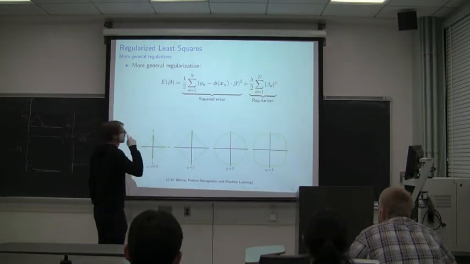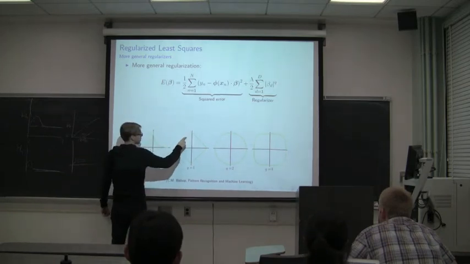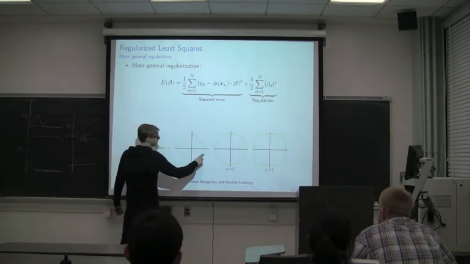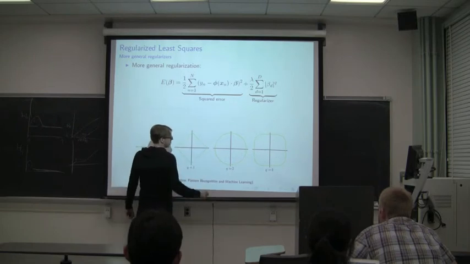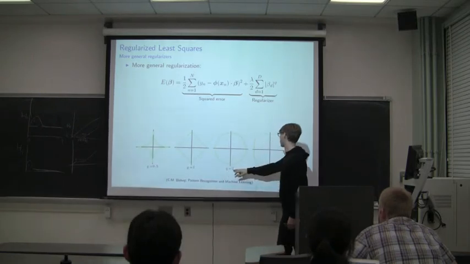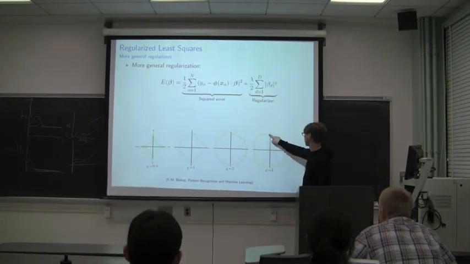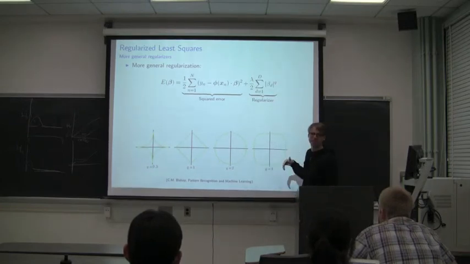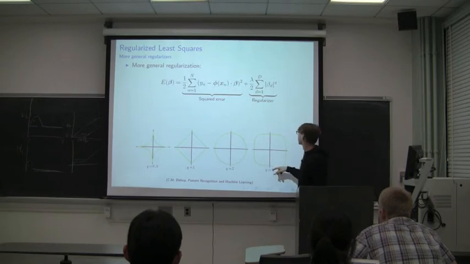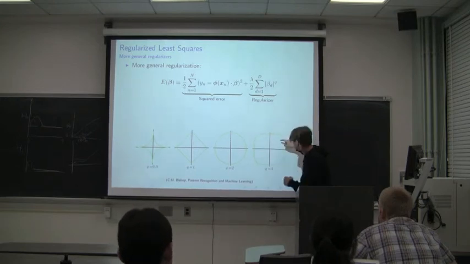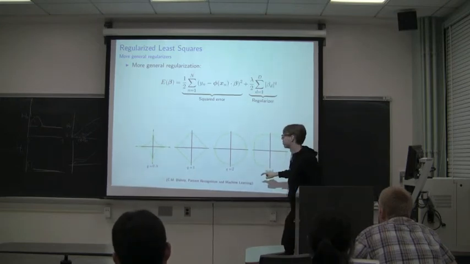Now, if we take q equals 1, for example, then we are on this diamond here. If we raise the power larger than 2, we get something that goes towards a square. If q would be infinity, the penalty would be a perfect square.